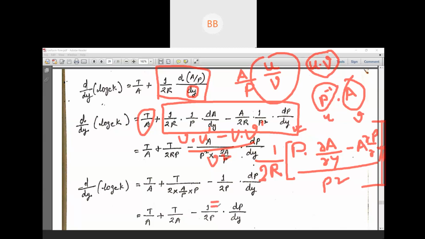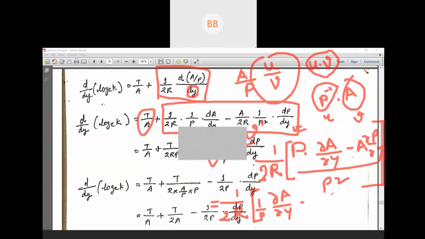Next, you see 1 by twice R. If you further simplify this, here we have P and here is P square. So it will be dou A by dou y, and we'll be having 1 by P here.